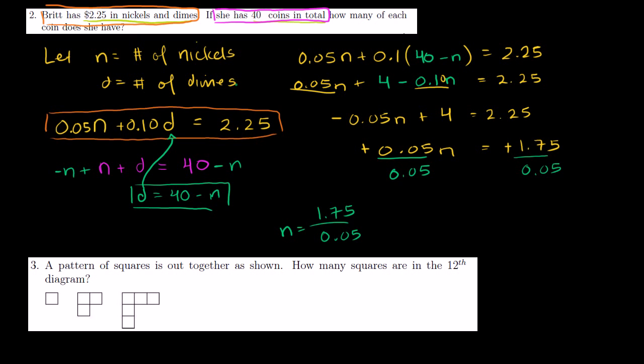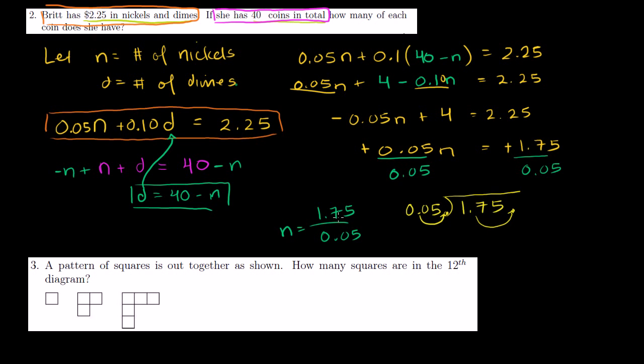Let me do it in a different color. 0.05 divided into 1.75. Let's multiply both the divisor and the dividend by 100. So we're going to go over 2 decimal spaces. So this just becomes a 5. This becomes 175.